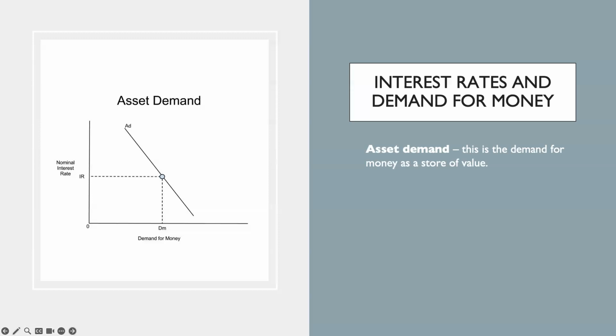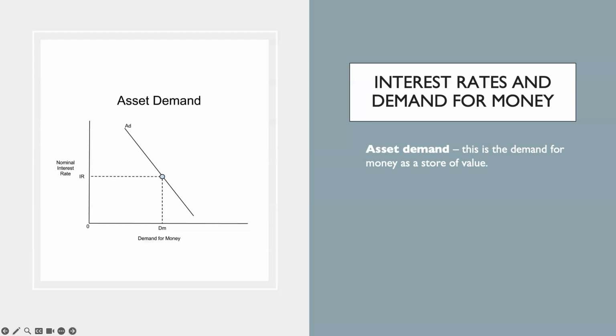So why are we talking about the demand for money and its relationship with interest rates? This is for us to be able to understand why the central bank has to intervene through monetary policy.